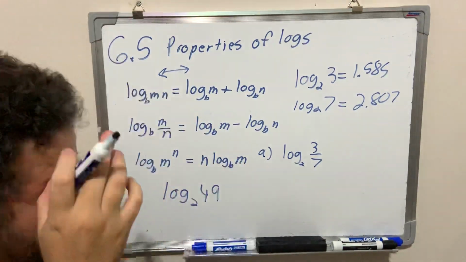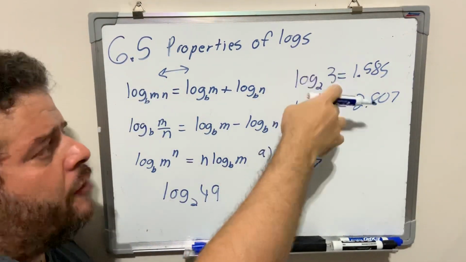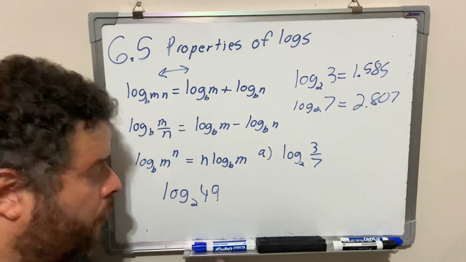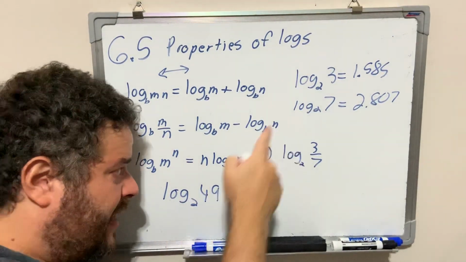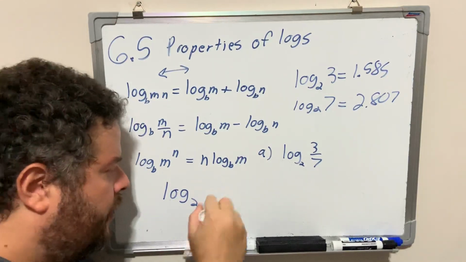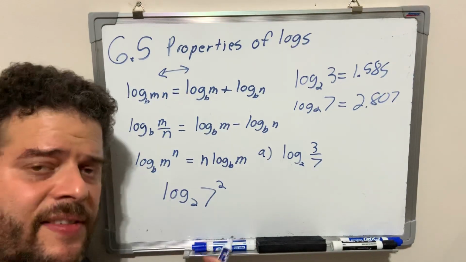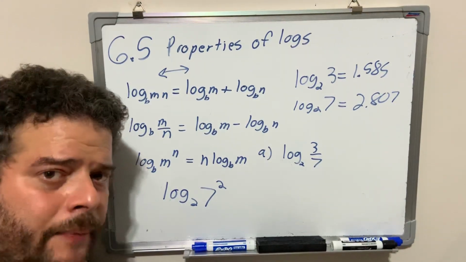First of all, is there any way I can multiply 3 and 7 to end up with 49? Well, there's one way. 49 is the exact same thing as 7 squared. Yes or no? Because 7 times 7 is 49.